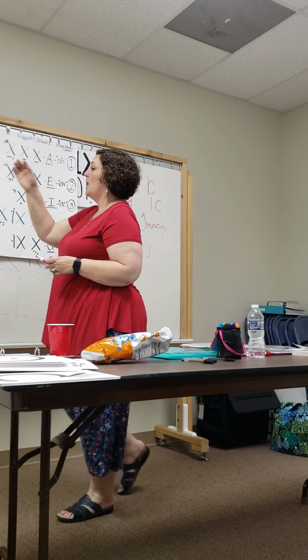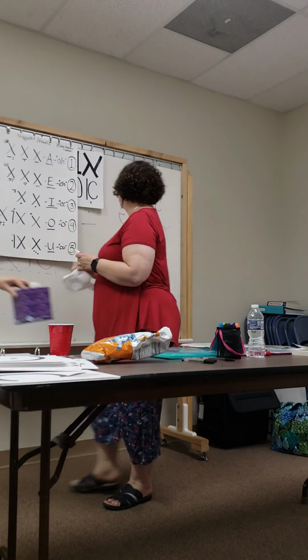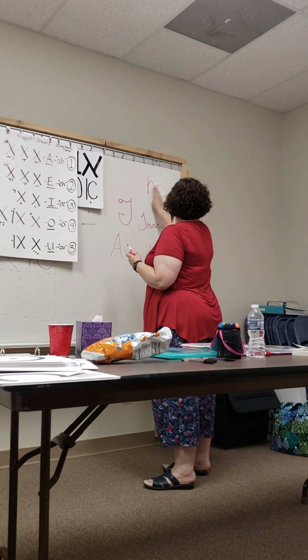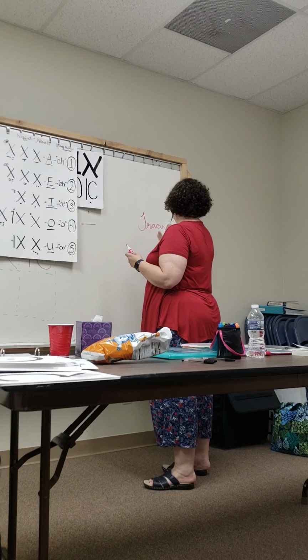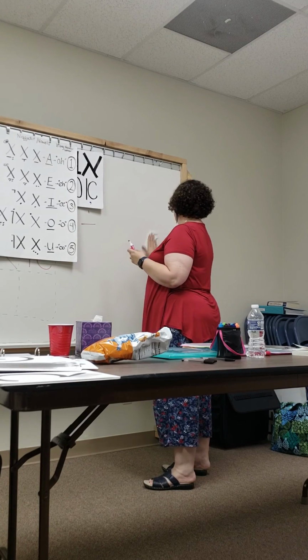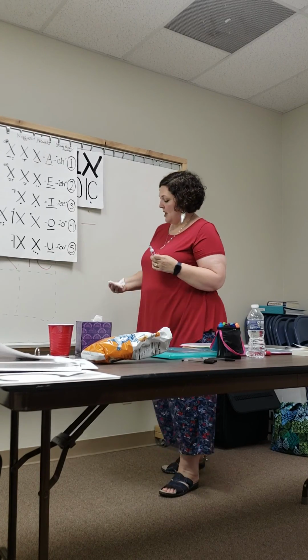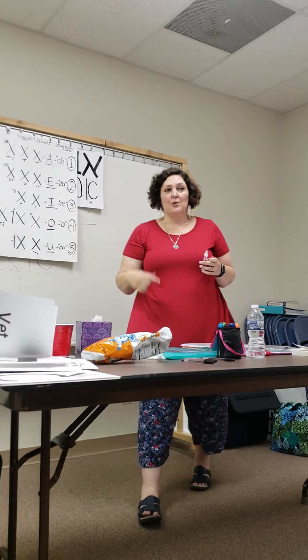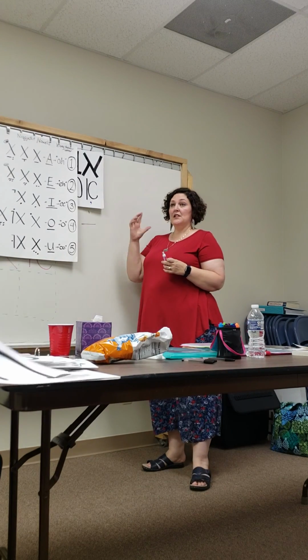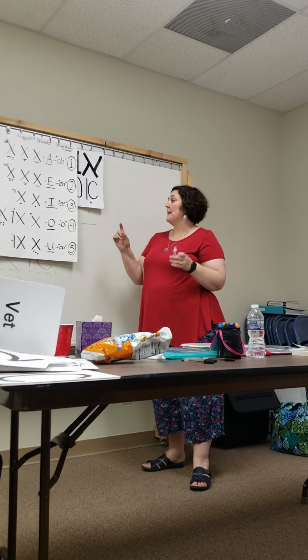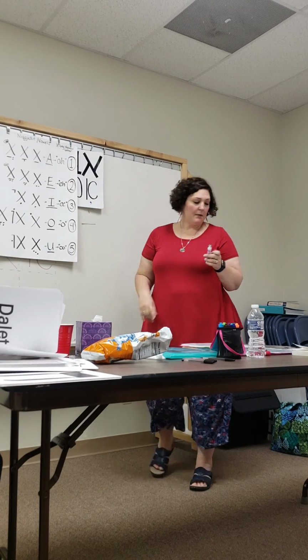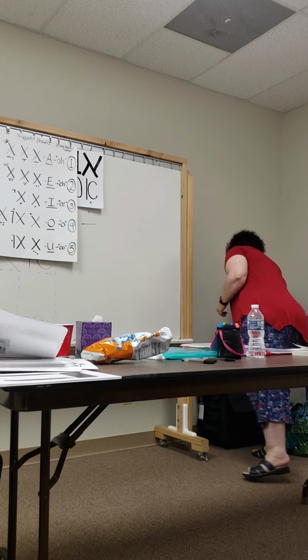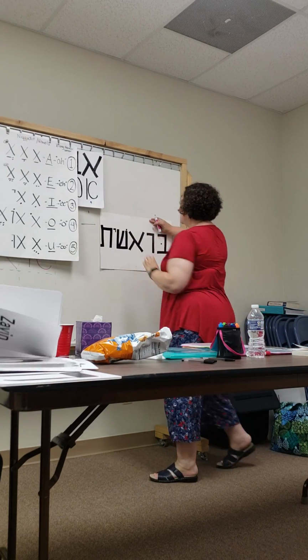Aleph is a special letter in that it's the first, but it is also silent. It makes no sound. When we transliterate into English, if you see an Aleph on a word, here's a Hebrew word.